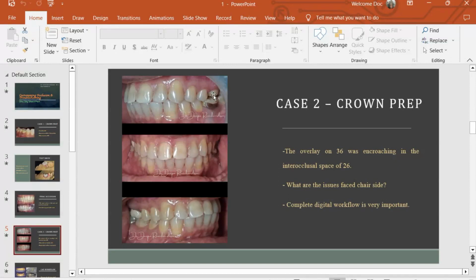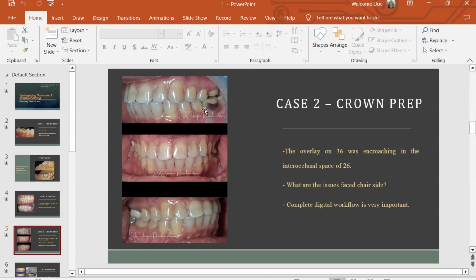Now you can see that the interocclusal distance between 2.6 and the opposing 3.6 is actually very, very less. Okay. Now the reason for this is because 3.6 is not actually a crown. This is an overlay, and it was endodontically treated, and the tooth below that has completely discolored. So this is what I spoke about earlier, when we give overlays to teeth that are endodontically treated, they sometimes discolor below the overlay and the patient doesn't like it.